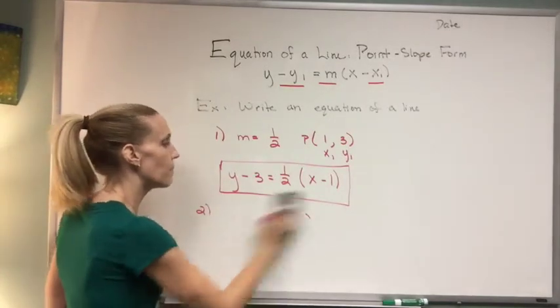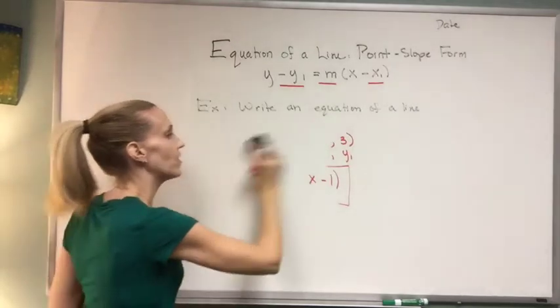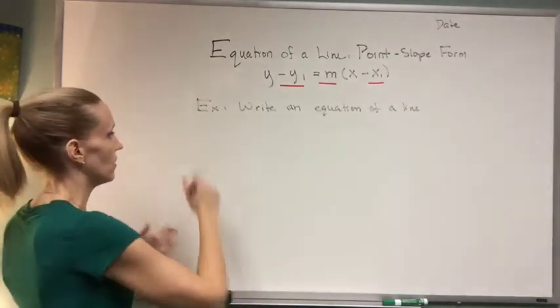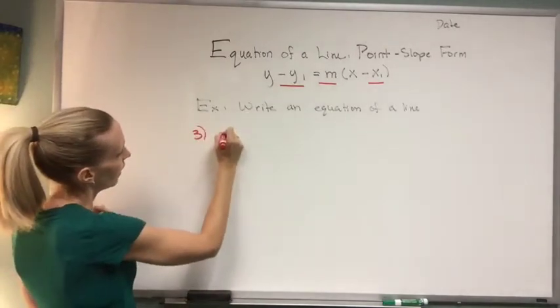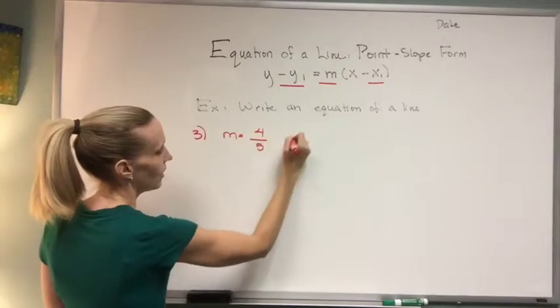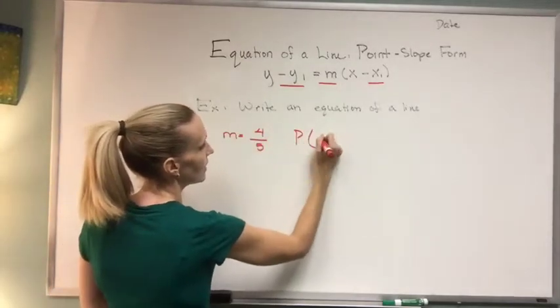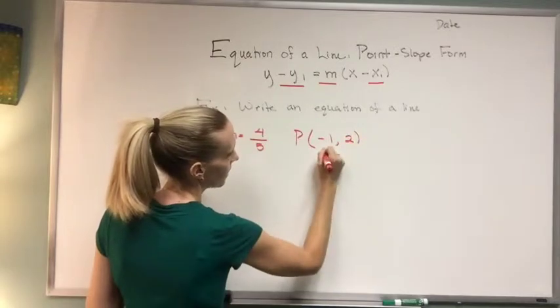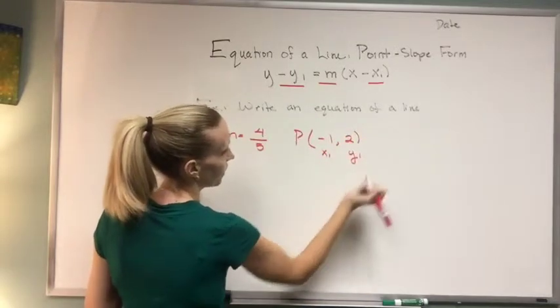Now, since my point slope form is with subtraction, we have to be really careful of our signs. So our slope is okay. Our slope can be any sign, and I'm not really going to be concerned about it. But when my point, let's say we do -1, 2, we have to be careful here.